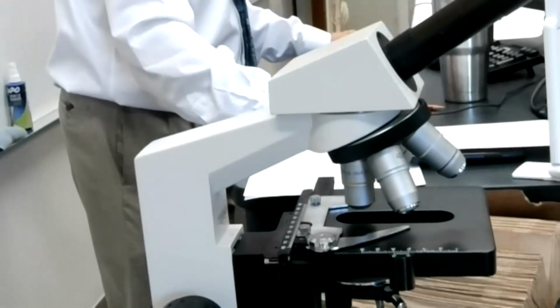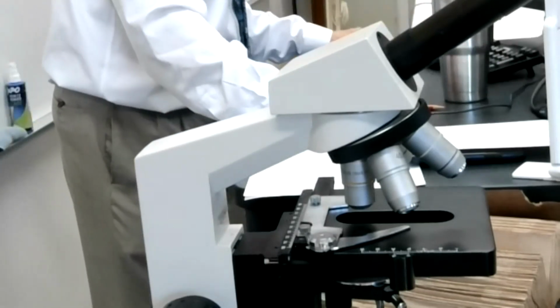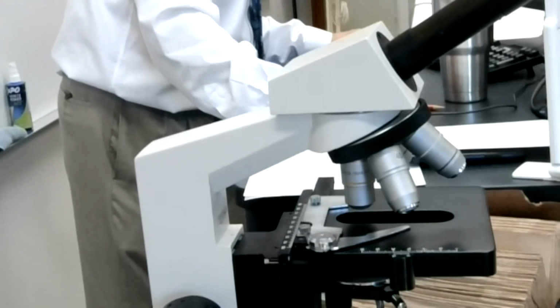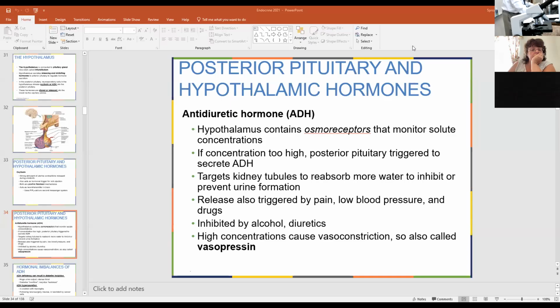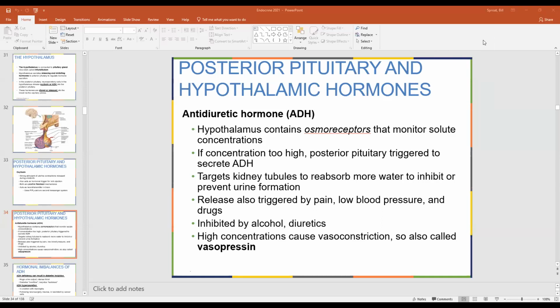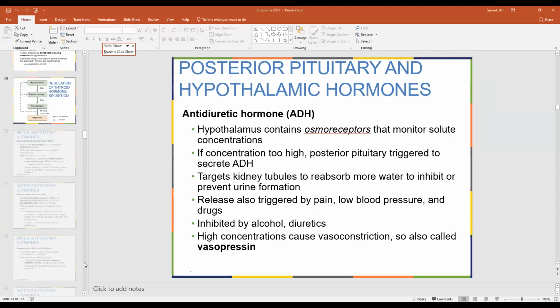Let's go ahead. Okay, everybody should see the slide that says antidiuretic hormone. That's probably not where I want to be, but let's get down. We were a little further along here.